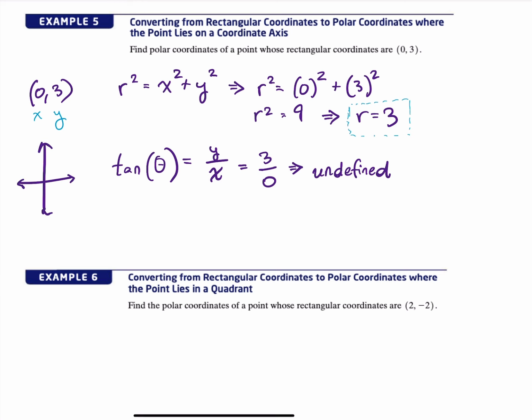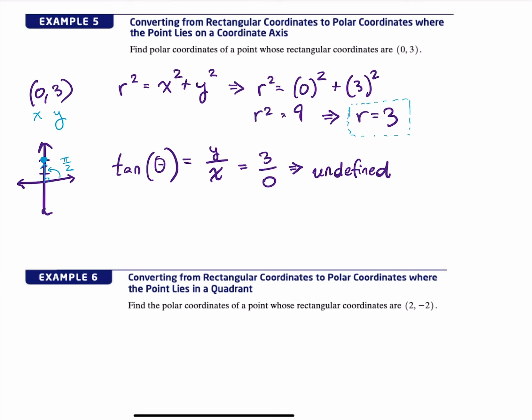So if the point is (0, 3), that means we're up here. That kind of makes it obvious that our r value is 3, and this would be an angle of pi over 2, which makes sense because that's an angle in which the tangent is undefined. So it's a 90-degree angle.